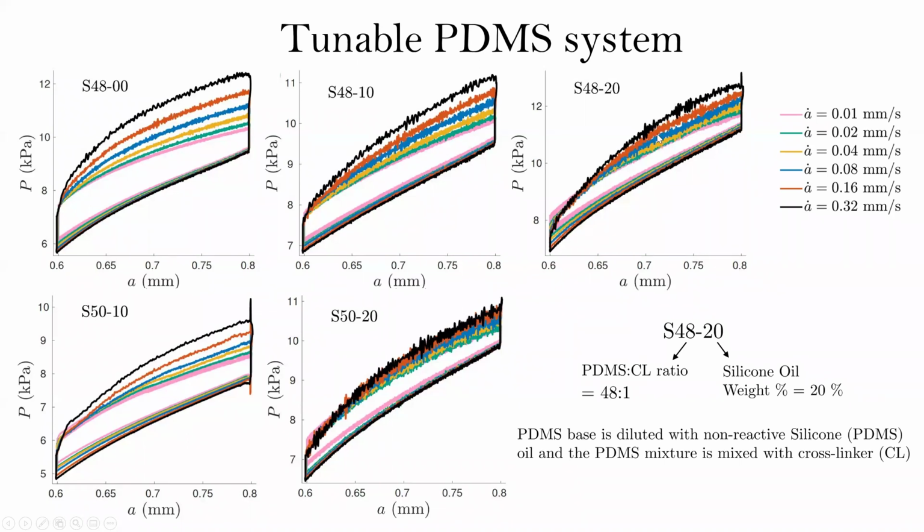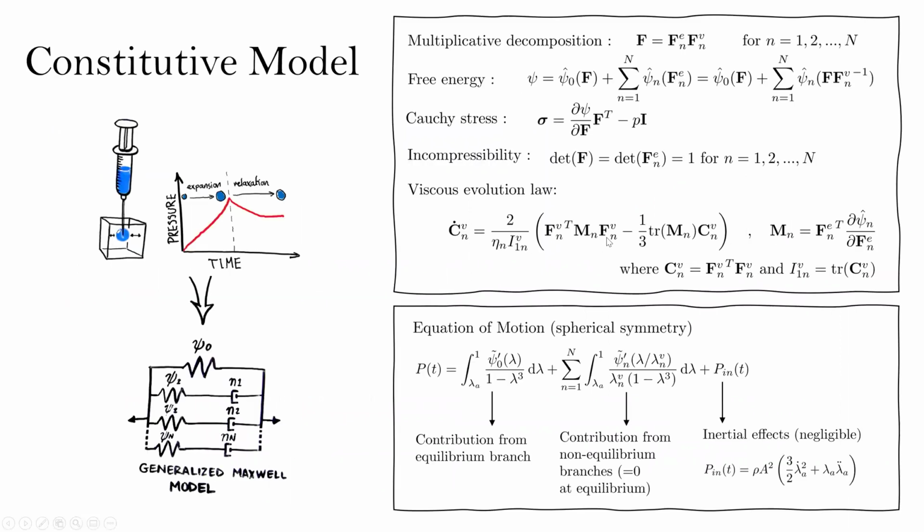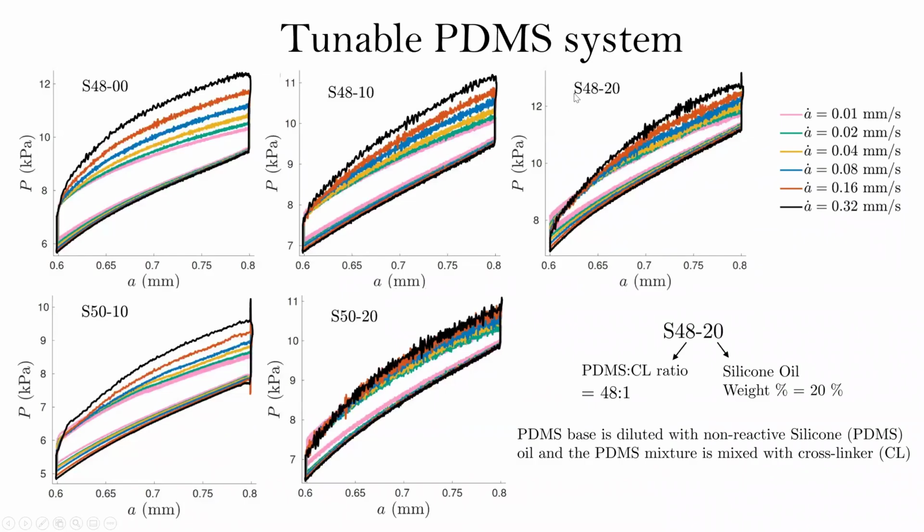Basically, the alpha values for these non-equilibrium branches go down, meaning the contribution to the stress from these dynamic branches goes down when you increase the silicone oil content. And that means the viscoelastic stiffening will reduce even if you have higher stretch rates.